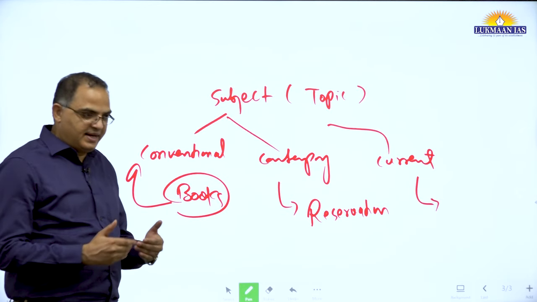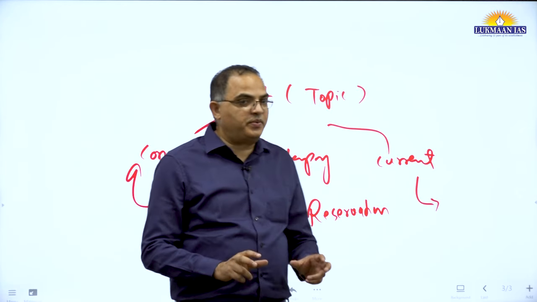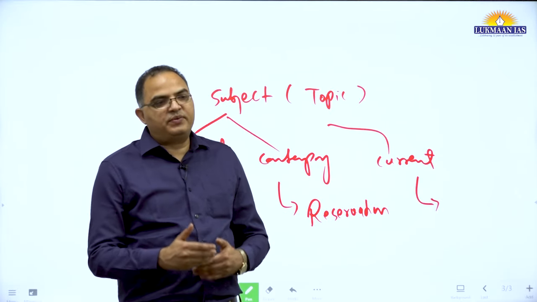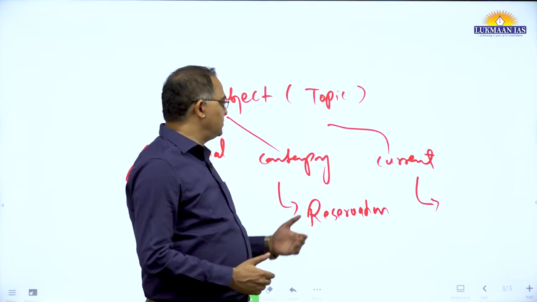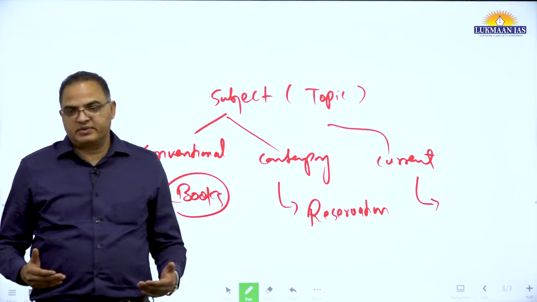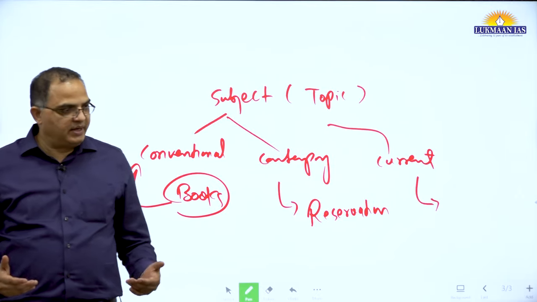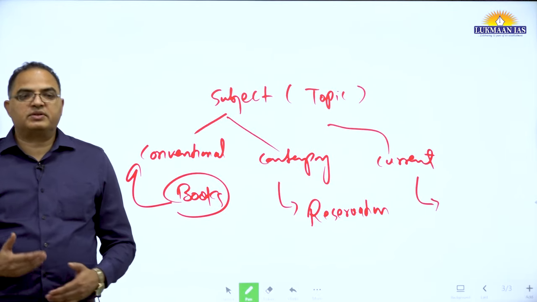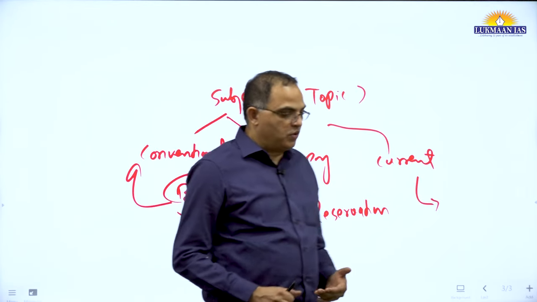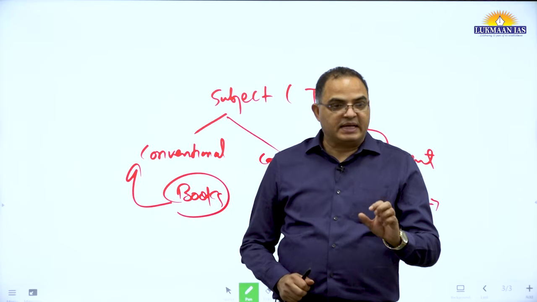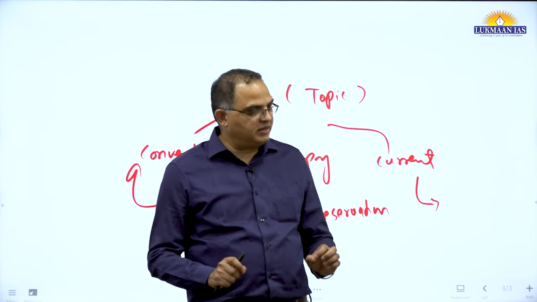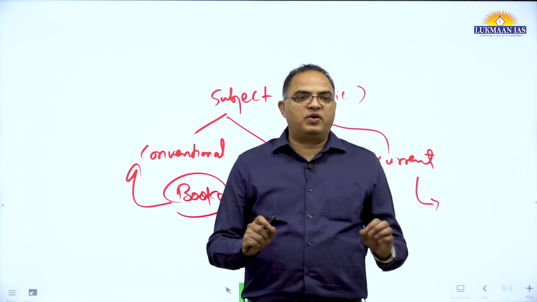We will not leave that, but first you have to build your understanding of the conventional, and that will help you build your understanding of contemporary and current, since you read newspapers. So for current you read newspapers and other sources. Hence your approach should be to focus more on conventional. Read less newspaper. As of now you should not read newspaper more than 1 hour.